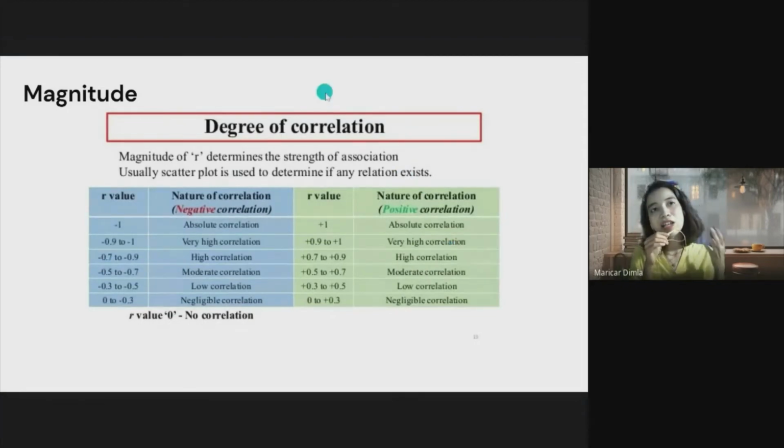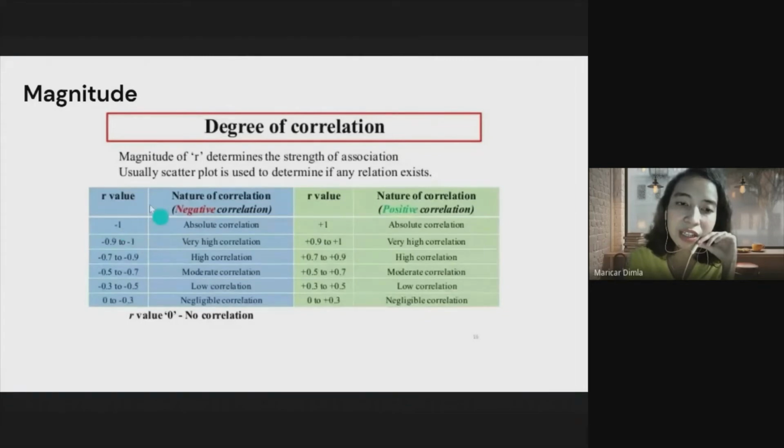So, class, it's not enough to simply say na there is a positive correlation, negative correlation, diba? You need to provide how positive the correlation is and how negative the correlation is. So we have here the magnitude.